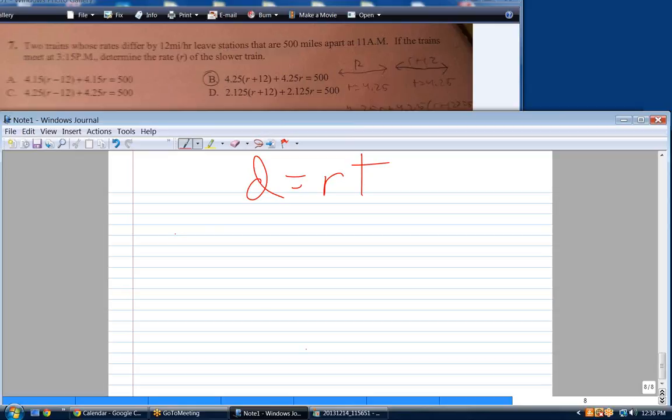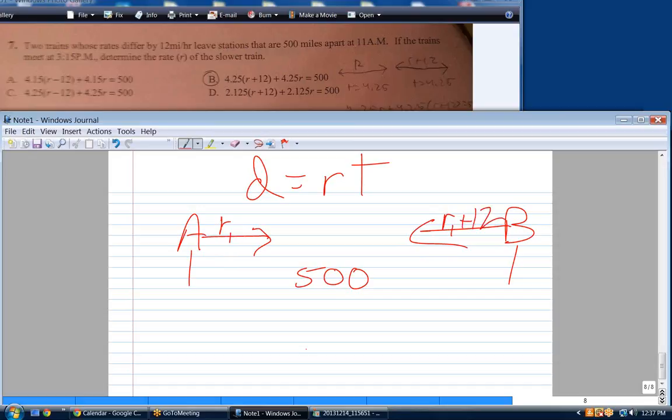Okay, so we have train, let's call it train A here, train B here. This distance is 500 miles. Train A is going to go that way, train B is going to go that way. We'll call the rate of train A R1. We'll call the rate of train B R1 plus 12.